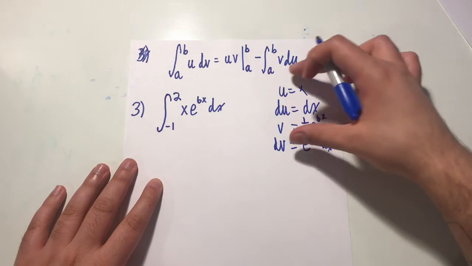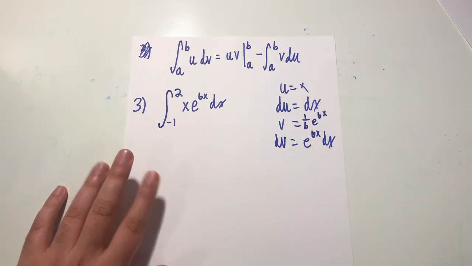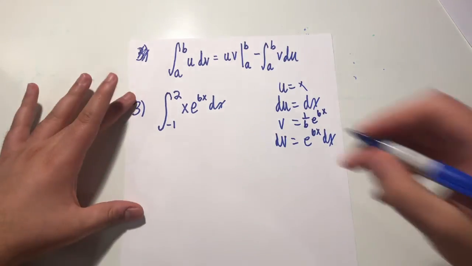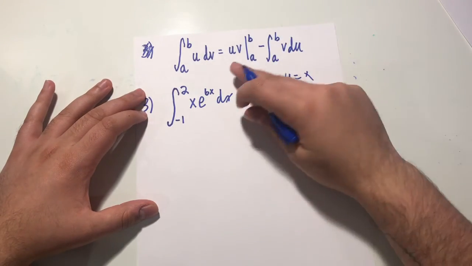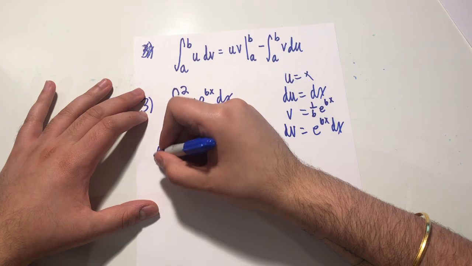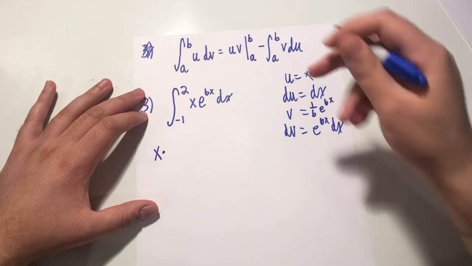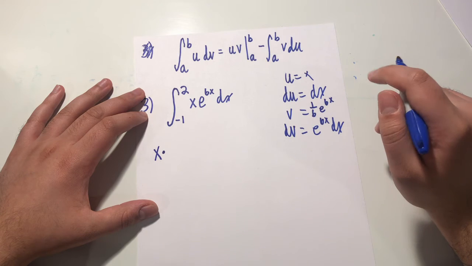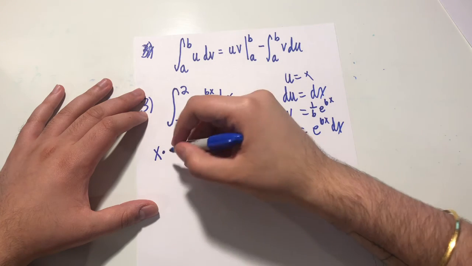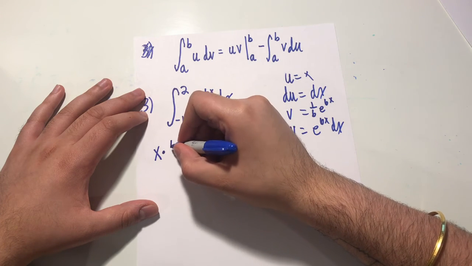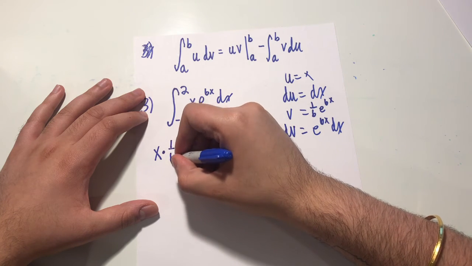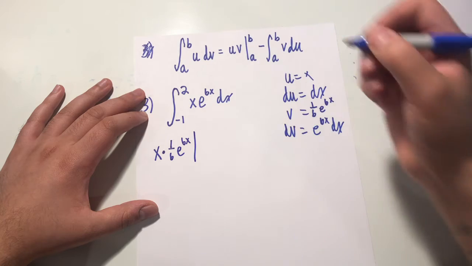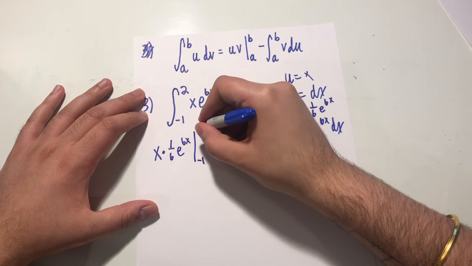All right? Now that we have these pieces of information, let's put them into this formula. So uv, u is my x term, so x multiplied by v, which is 1/6 e to the 6x, and that's going to be evaluated from -1 to 2.